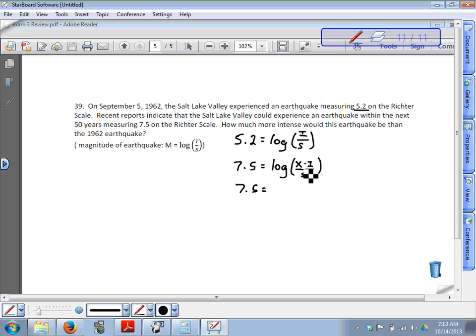Now, manipulating this expression inside of the logarithm, this could be written as log of x times I over s, because now we have a product inside of here, and we could expand the product using the product property into two logarithms. So we could have 7.5 equal to the log of x plus log of I over s.